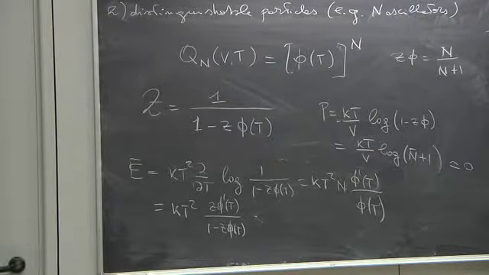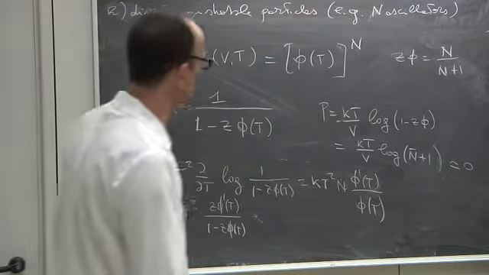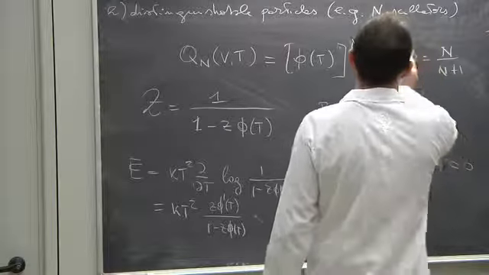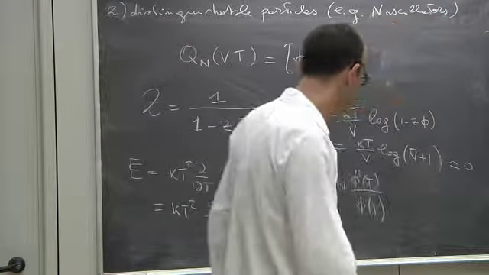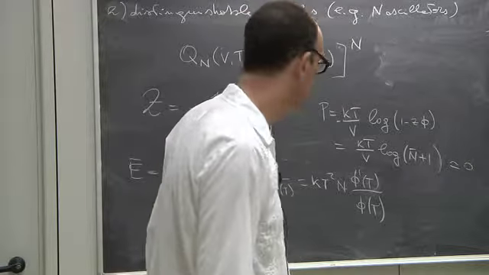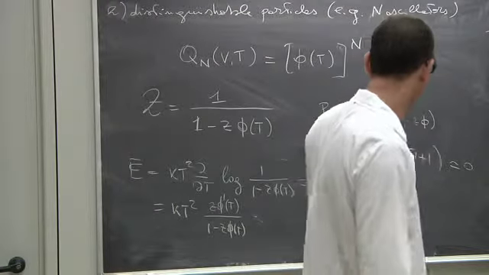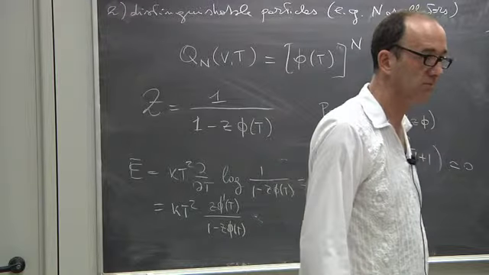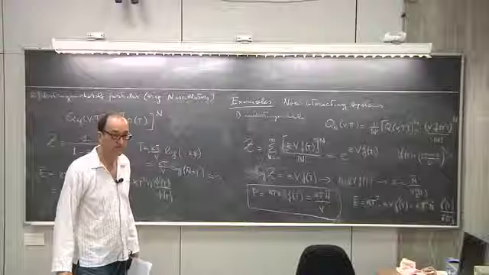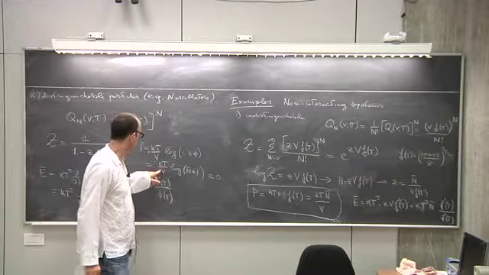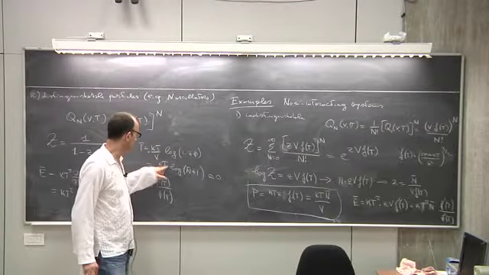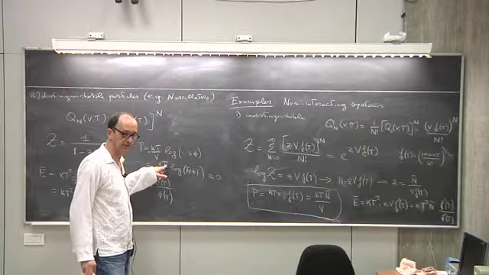Again, say for the, if we consider a gas of harmonic oscillators, yeah? Sorry? Why is this 0? Because this is an intensive parameter, kT is intensive.